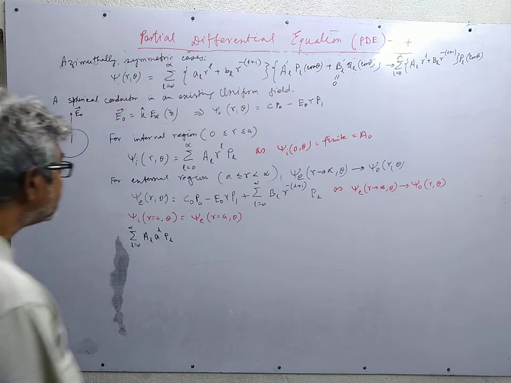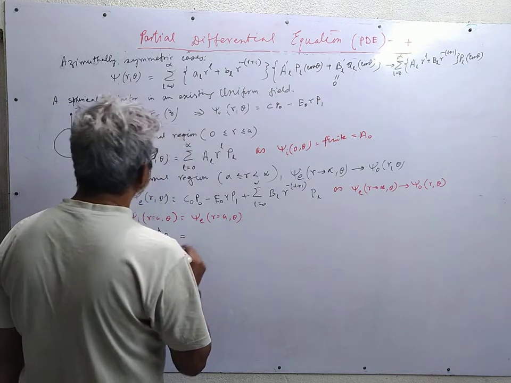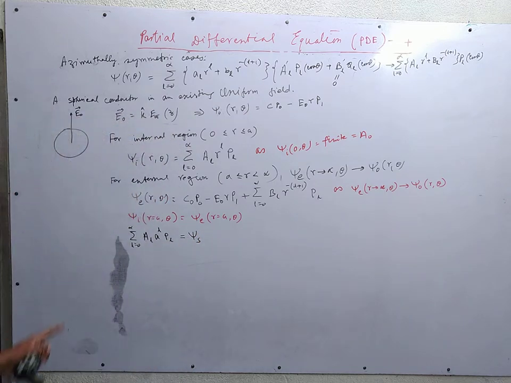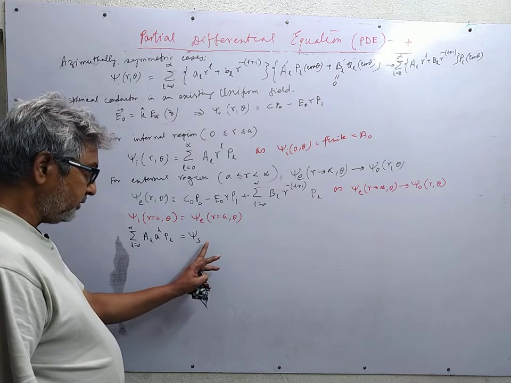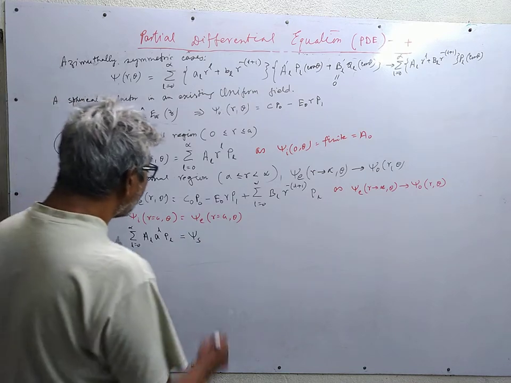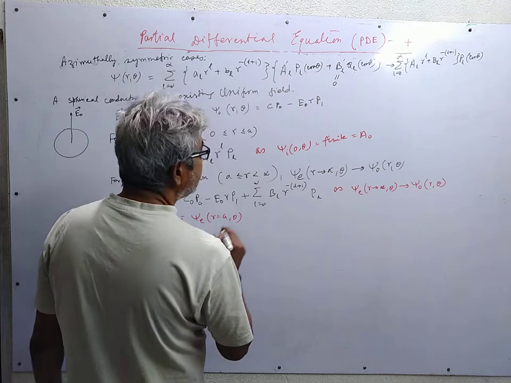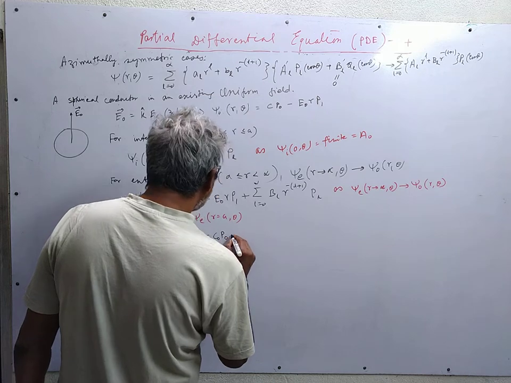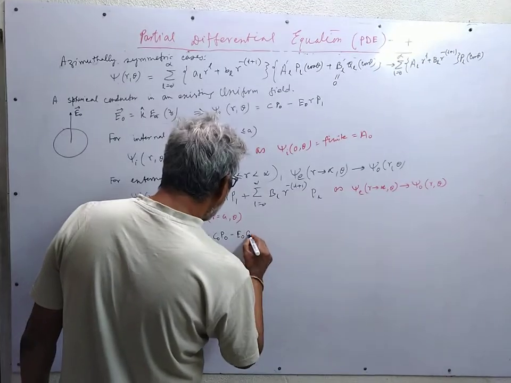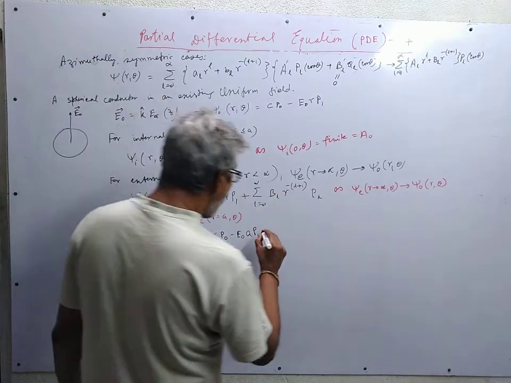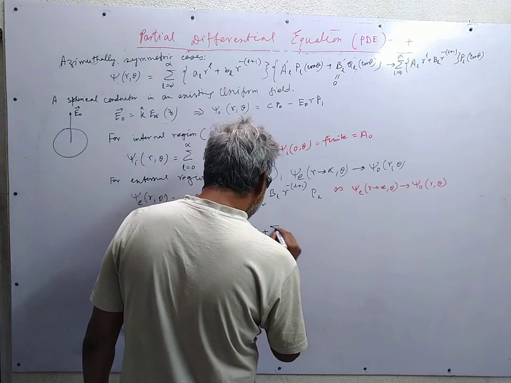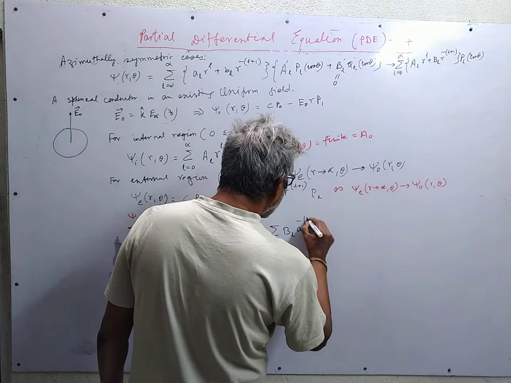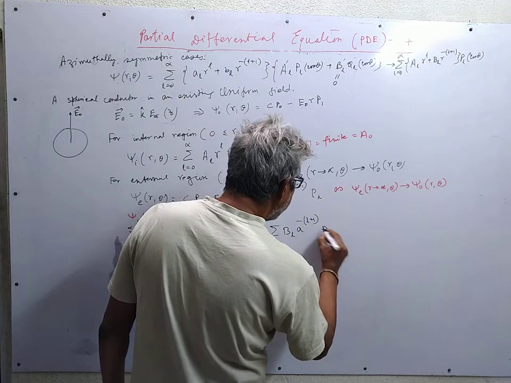This is also the surface value of the potential, which is a constant, so this may be considered to be the coefficient of P0. And from the right hand side it is C P0 minus E0 a P1 plus the summation over L of B_L a to the power minus (L plus 1) P_L.